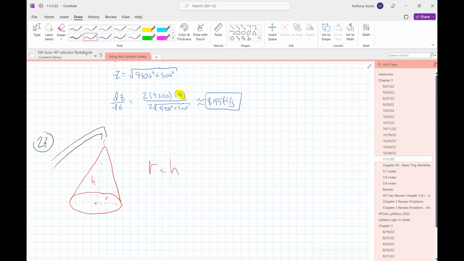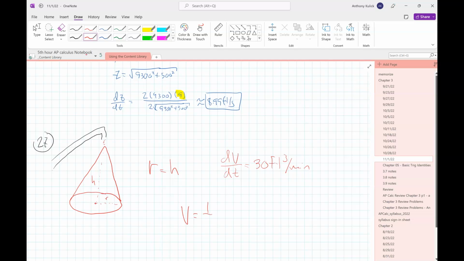So we're told that the gravel is being dumped onto the pile at a rate of 30 cubic feet per minute. That would be dV/dt. And that's positive because it's being dumped on as opposed to draining out.